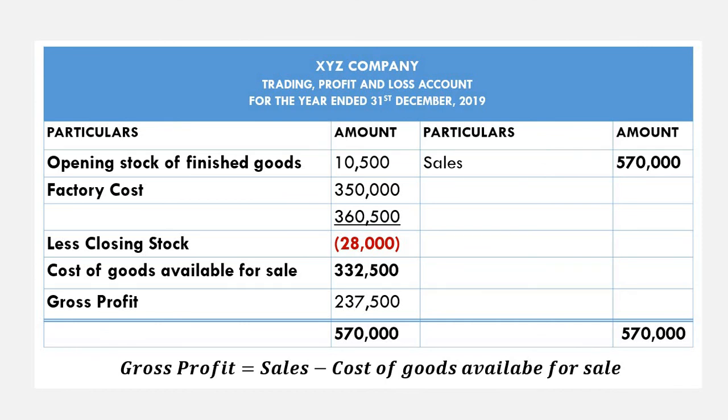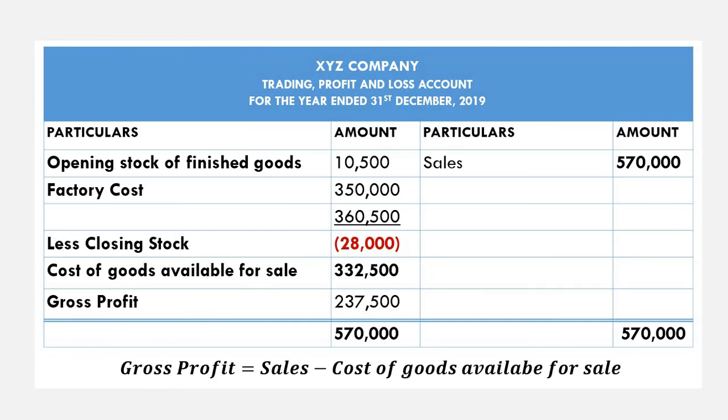When we less closing stock of finished goods, which is 28,000, we get cost of goods available for sale, which is 332,500. And remember, just like I said, trading account is specifically prepared to determine gross profit or gross loss.